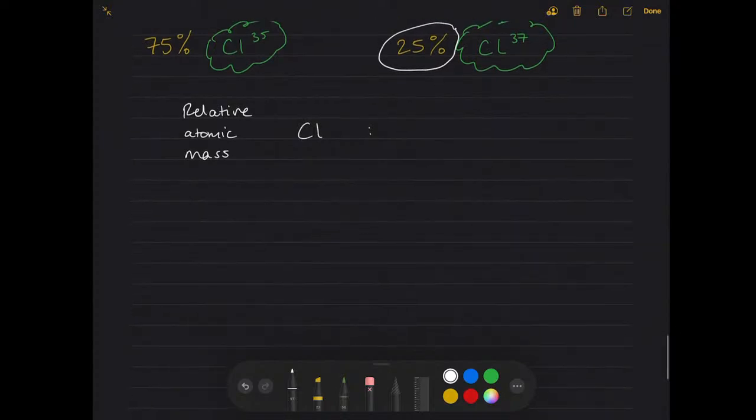Now, the formula to do that, to calculate relative atomic mass, is quite a neat one. You take the mass of isotope 1 and you multiply it by the percentage abundance, i.e. how much of it there is.